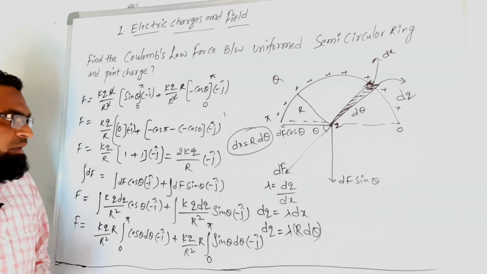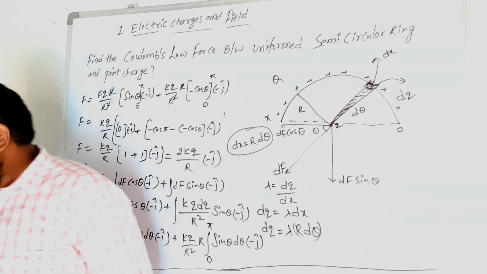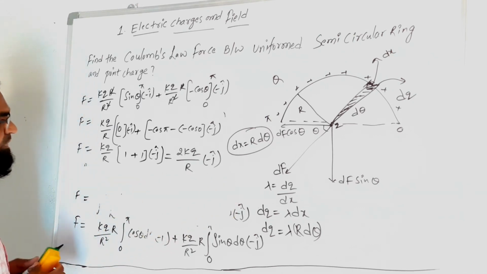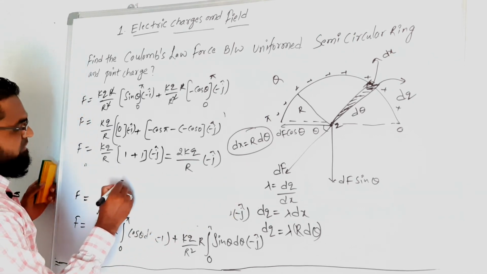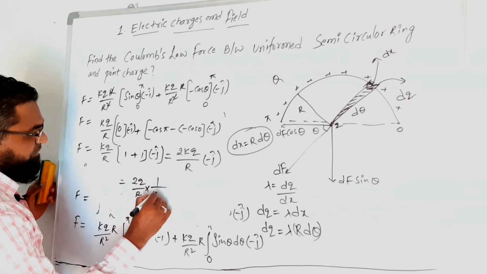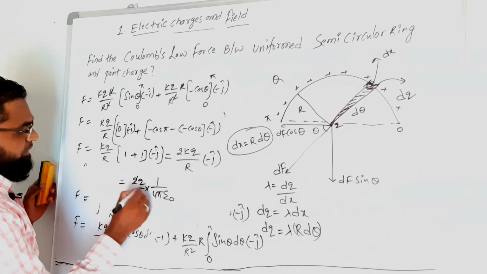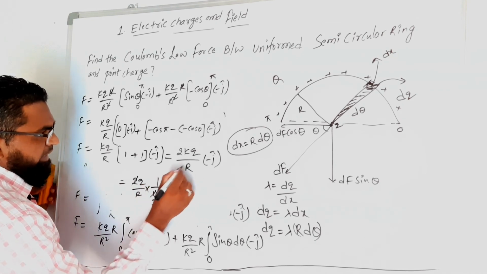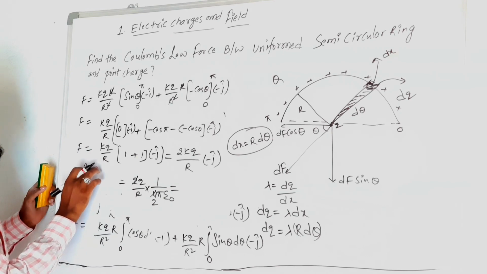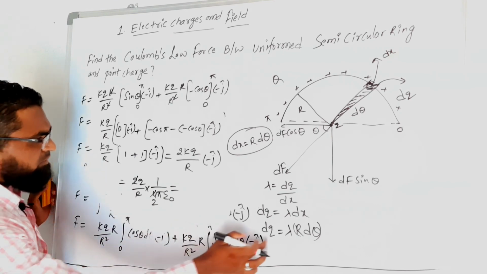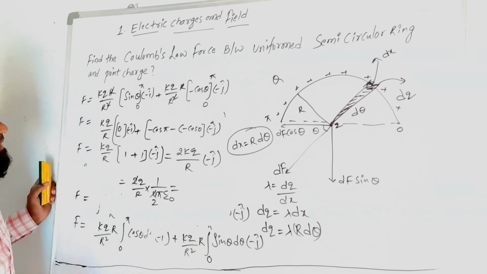When you write it in terms of epsilon naught, 2q by r, with k equal to 1 by 4 pi epsilon naught, the 2 and 4 reduce. So finally the answer, where lambda is also there, with dq equal to lambda into r into d theta.